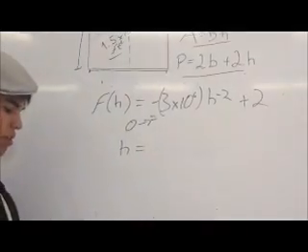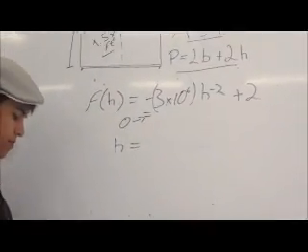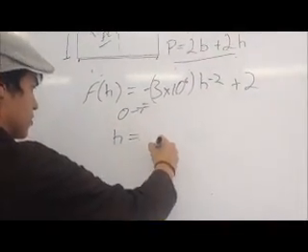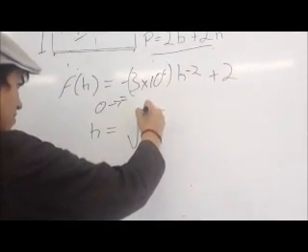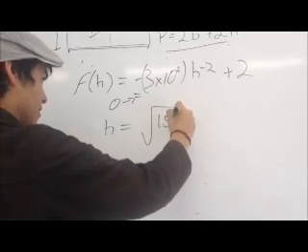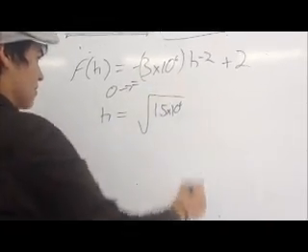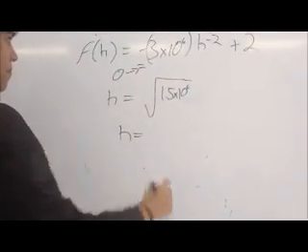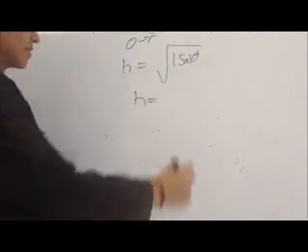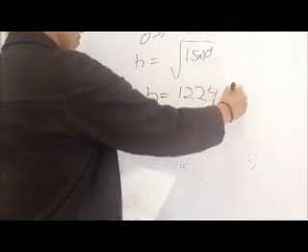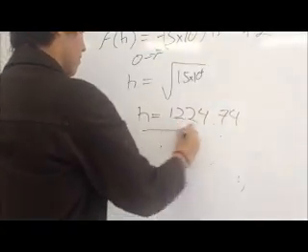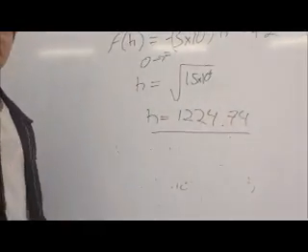And h should be equal to the square root of 1.5 times 10 to the 6th, and we get the final result of this.